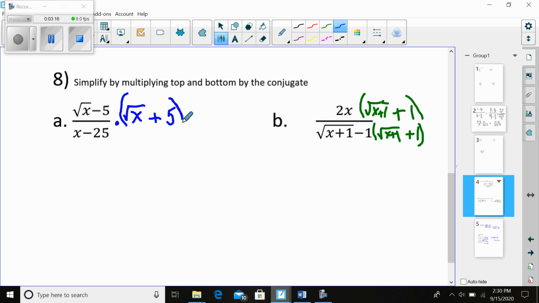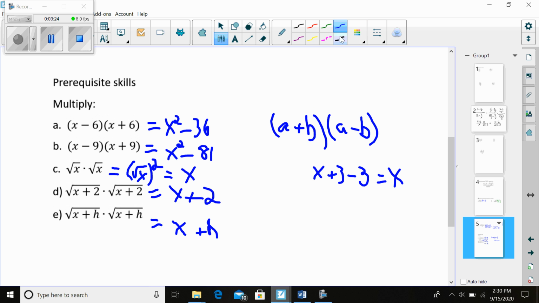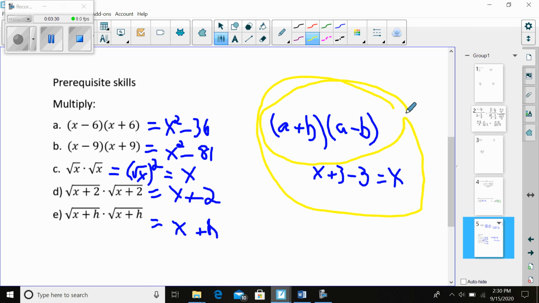Let me scroll down. Why might I want a situation like that, where I'm circling the top one, not the x plus 3? Because if I use the same a and b, but I just switch the signs, then my inside, outside terms zero out when I FOIL.